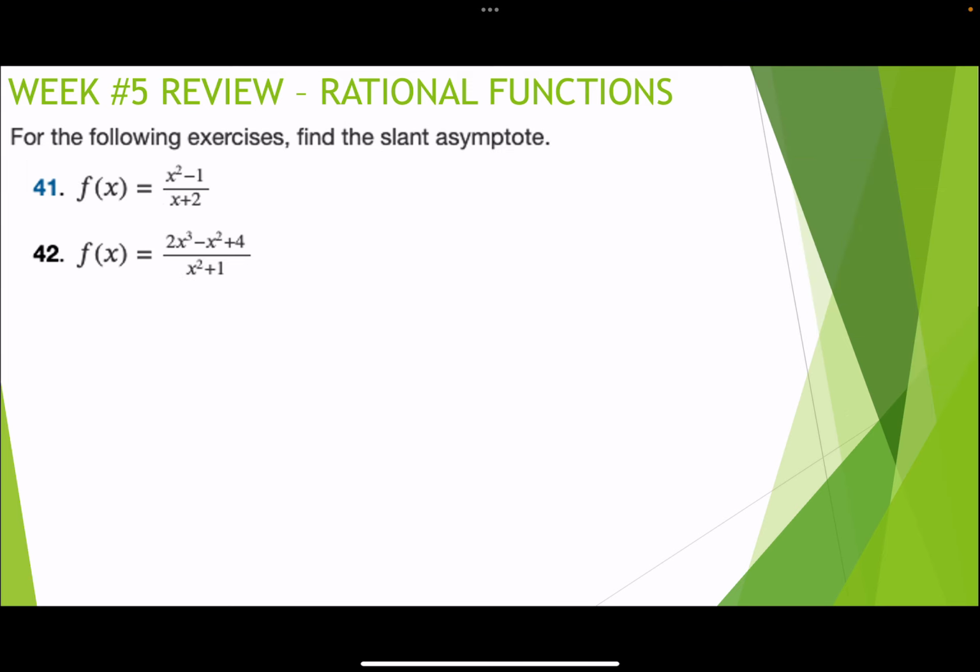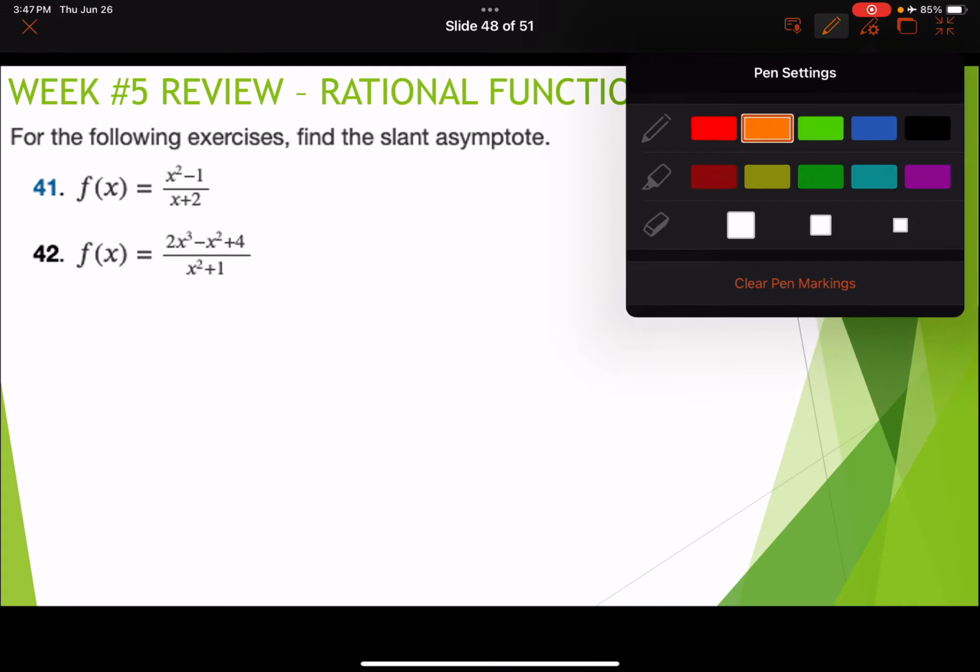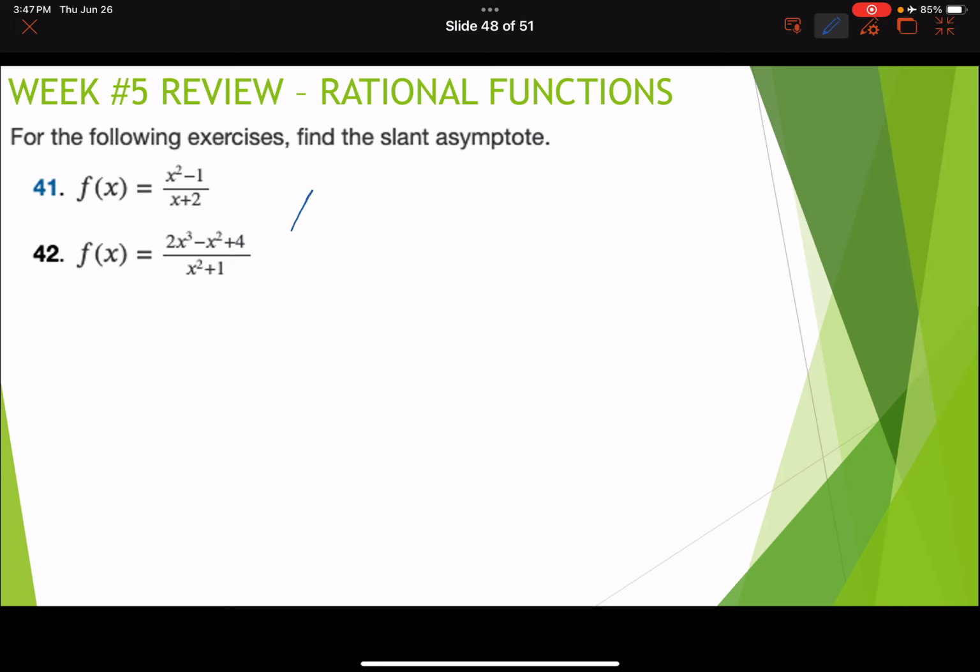Okay. And then let's try and practice finding the slant asymptote one more time. So I'll do 42. So slant asymptote, that's where you're doing division. So we're going to do something like x squared plus 1, going to divide that into 2x cubed minus x squared plus 4. So your memory, when we do this long division, you look at the first term and the first term.